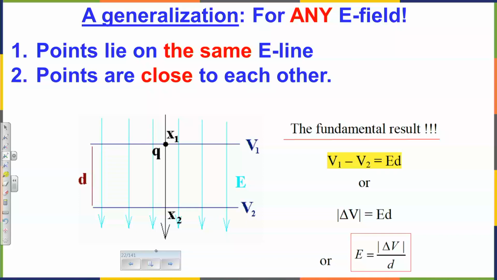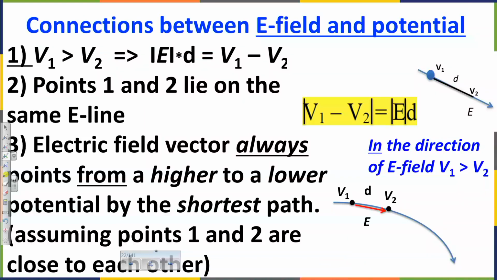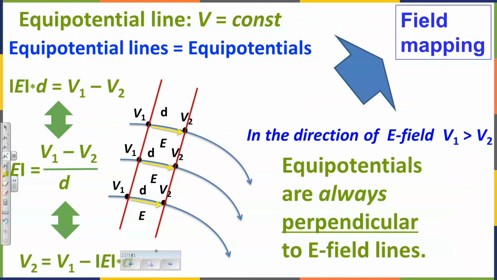Close means, of course, this distance should be much smaller than the size of a system, like the size of an electric plate or something else. This is the summary. Nothing new here, just everything in one slide. And this is another summary.